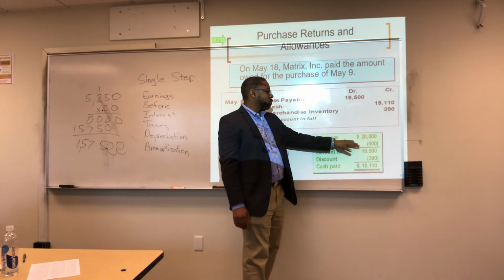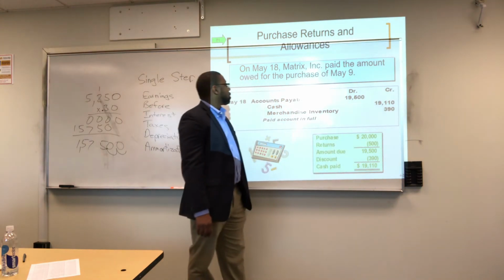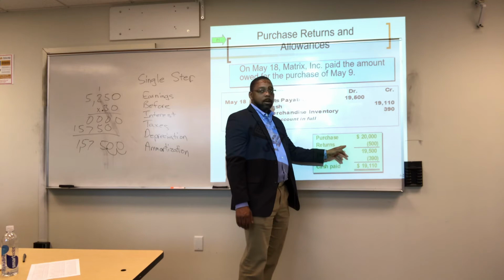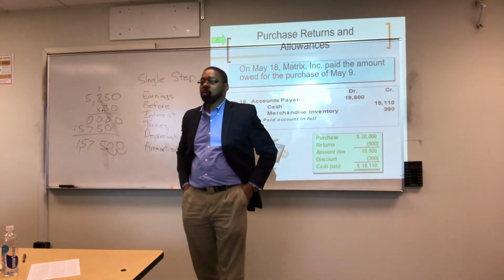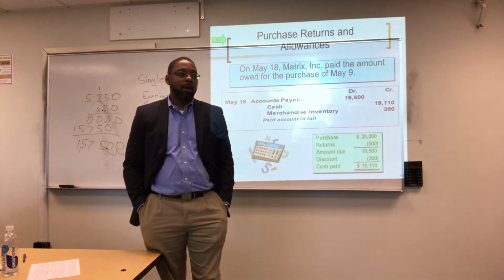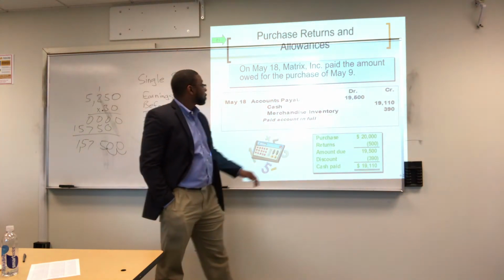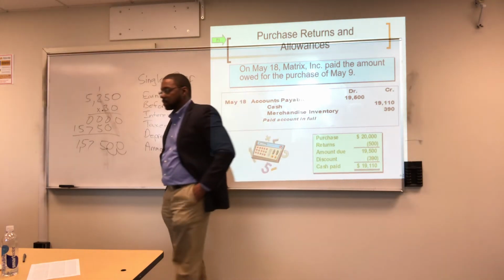So we purchased $20,000 worth of material. We returned $500. So now we have $19,500 worth of material to apply the discount to. The discount is 2%. So 2% of $19,500 is $390. So we subtract the discount, we get $19,110.